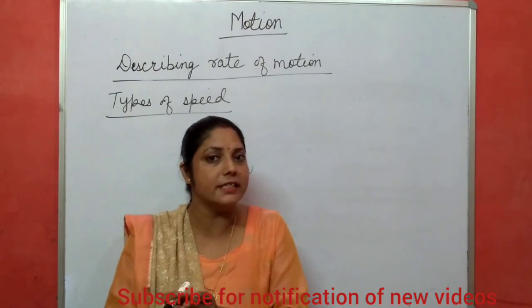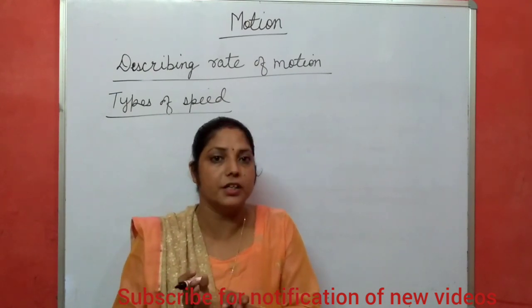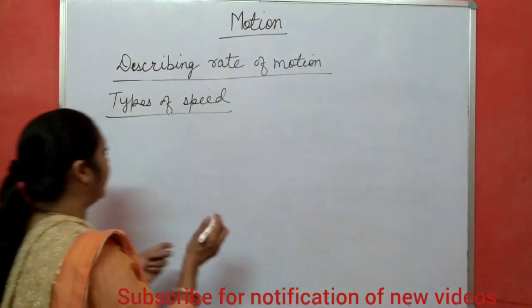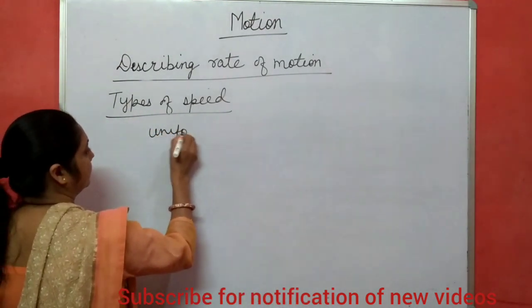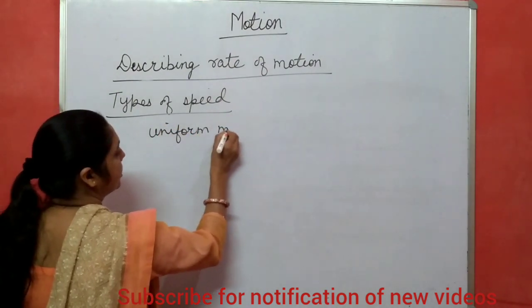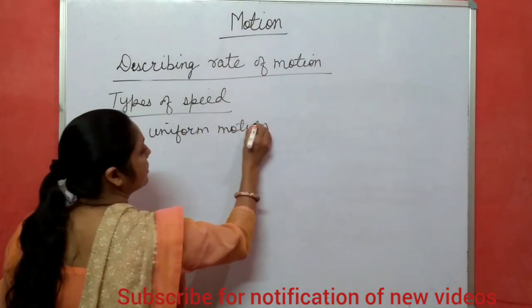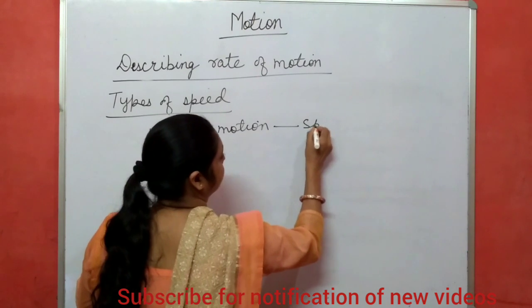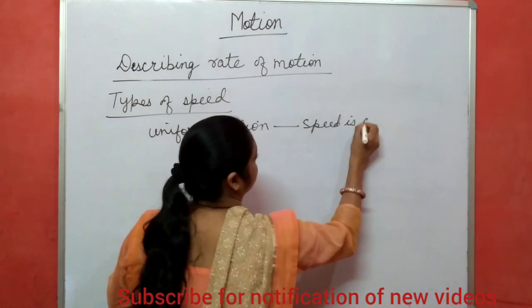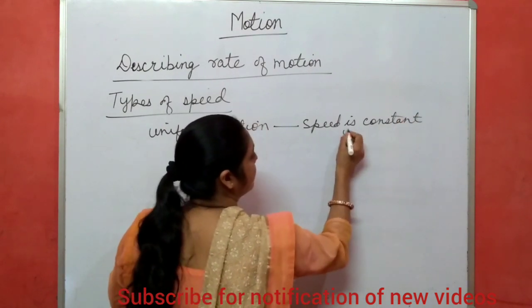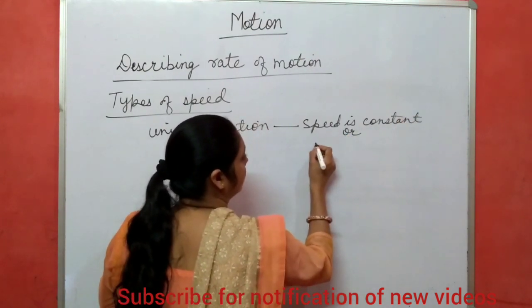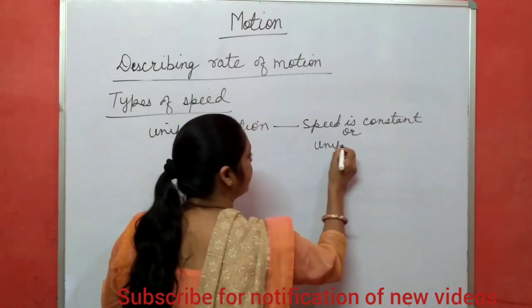In that case, its speed is constant. So you can write, in uniform motion, speed is constant. And constant speed means uniform speed.